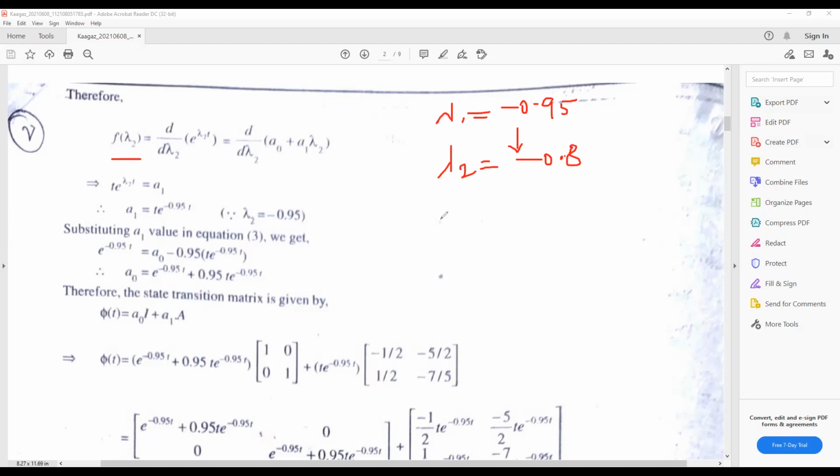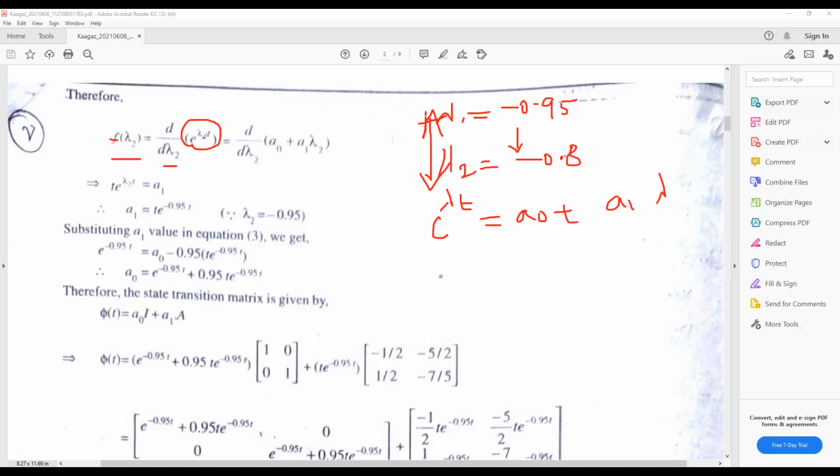Then take the same process, e power lambda t is equal to a naught plus a1 lambda. But here both roots are the same, so f of lambda 2 is equal to d by d lambda 2 of e power lambda 2 t. So we have to differentiate.